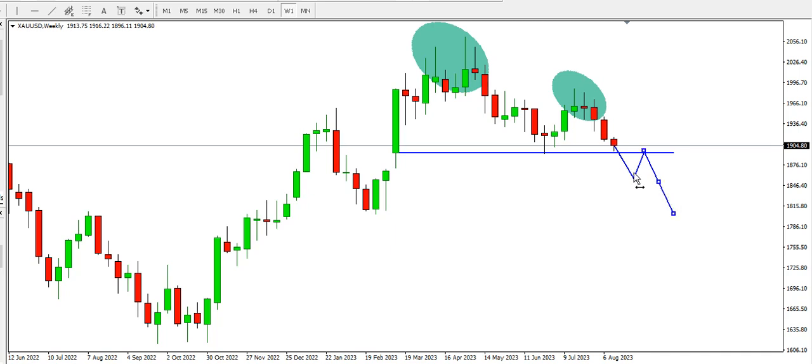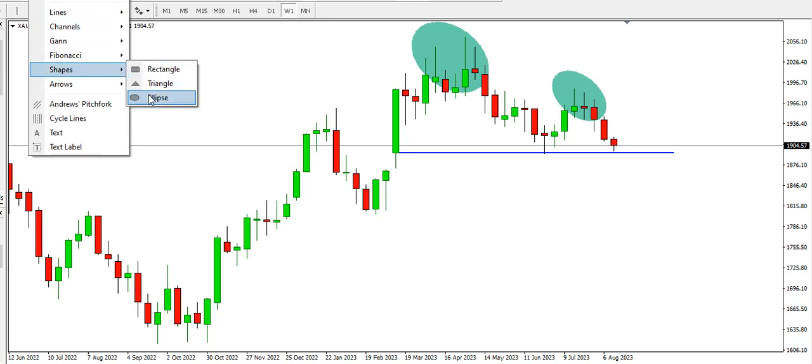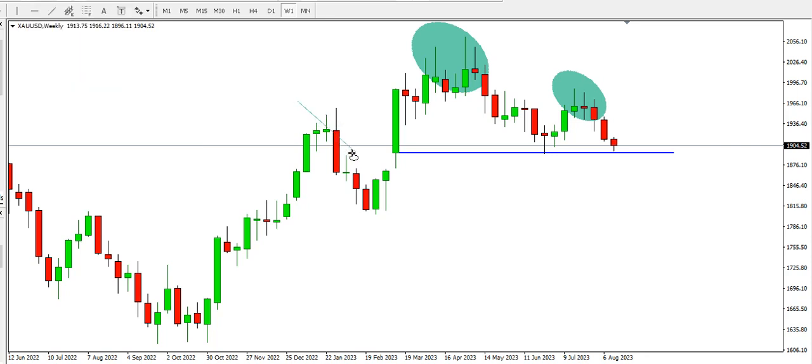But we can also look at it as a possible triple top on the weekly time frame if we take this as the left shoulder. We can say we have a head and shoulders pattern: this is the left shoulder, this is the head, and this is the right shoulder.